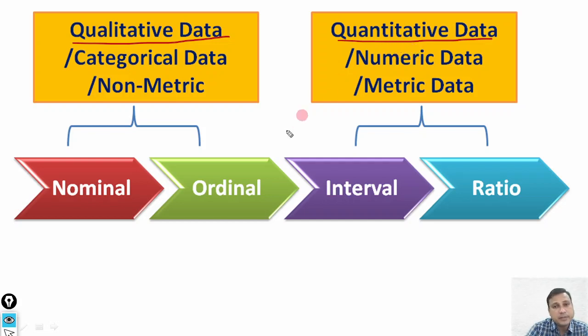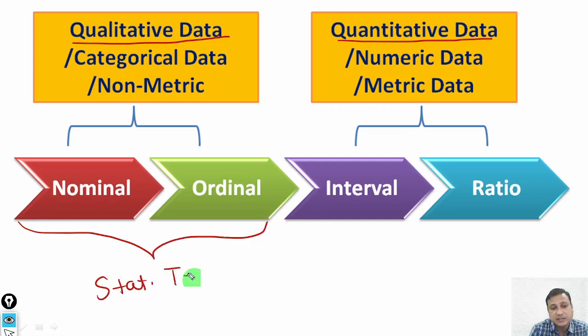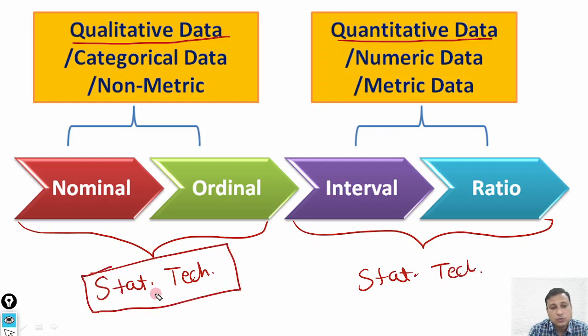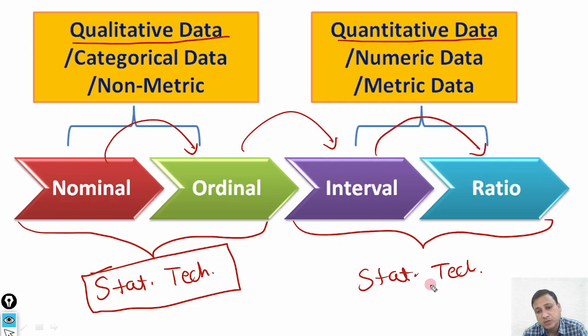Furthermore, in the upcoming lecture, we are going to see that for ordinal and nominal there are specific statistical techniques, and for interval and ratio there are separate statistical techniques. There is a limitation to using statistical techniques in nominal and ordinal scale, whereas as we move from nominal to ordinal, or ordinal to interval, or from interval to ratio, we can apply more and more statistical techniques on the data.